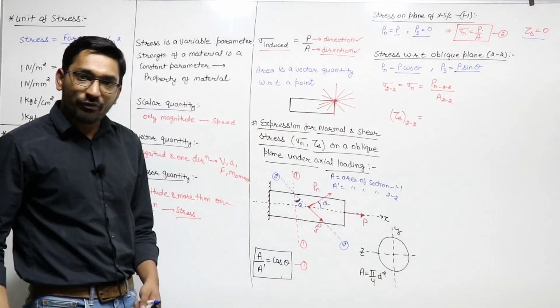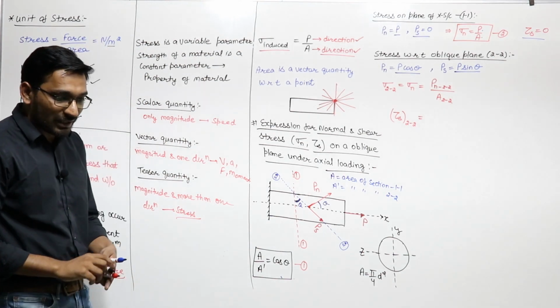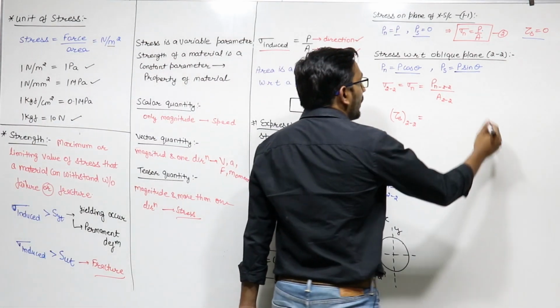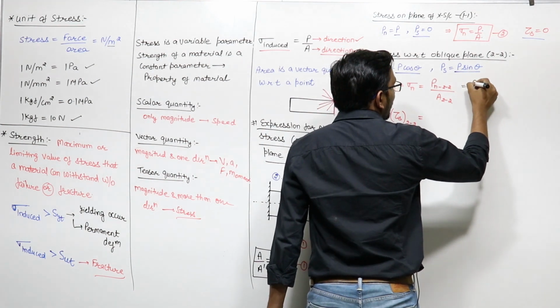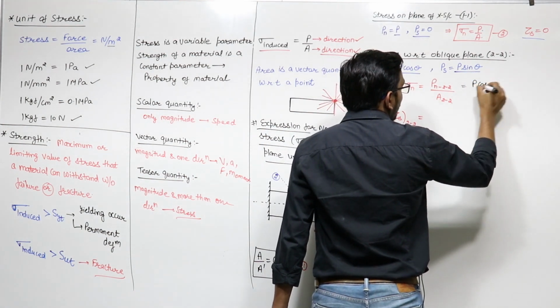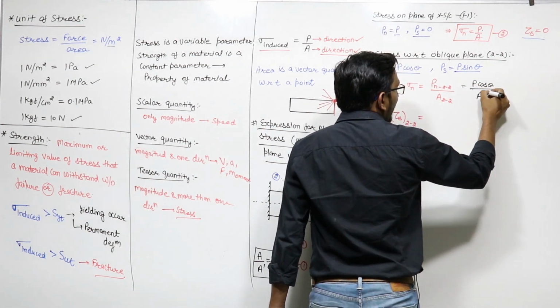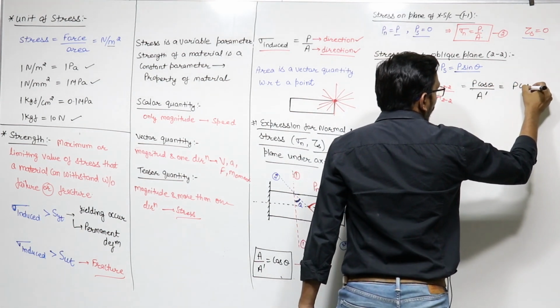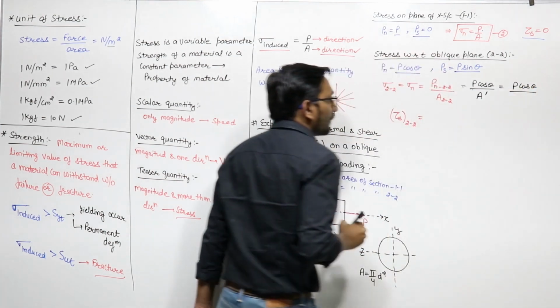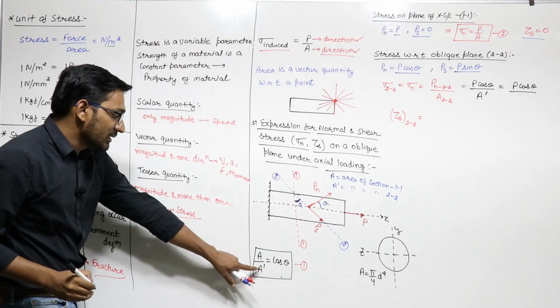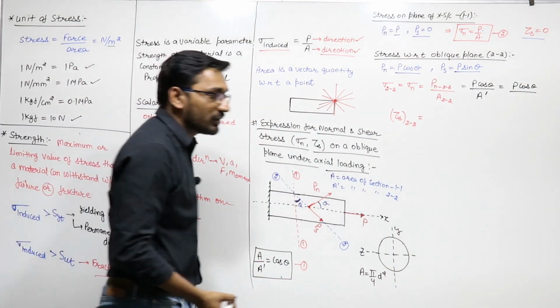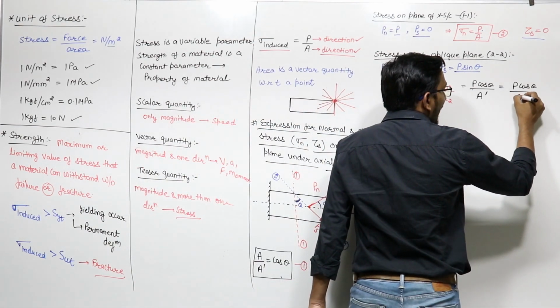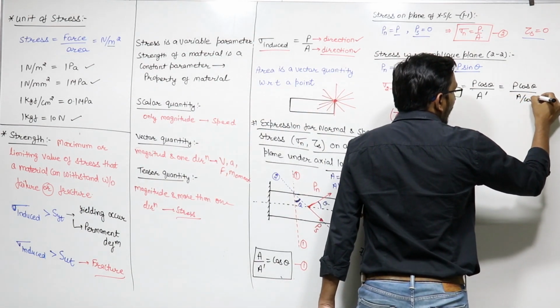The normal load on the oblique plane is P cos theta. What is the area of the oblique plane? A dash. This will be equal to P cos theta upon A dash. A dash is A upon cos theta.